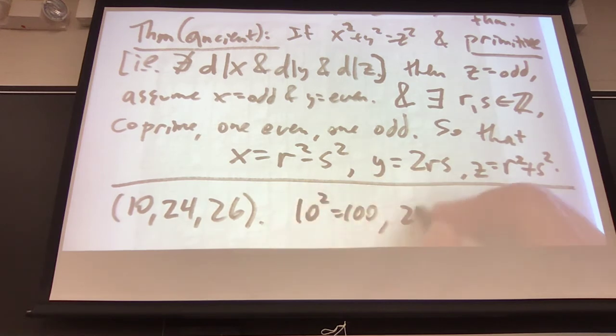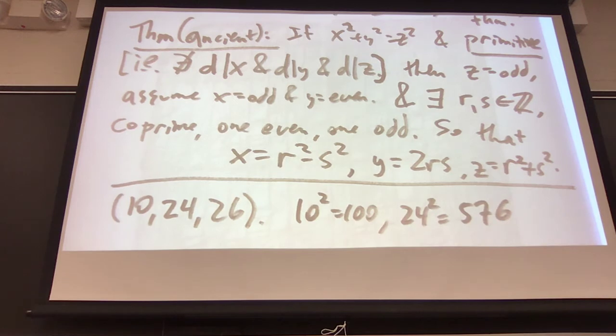That's easy. 24 squared. 20 squared is 400. 4 squared is 16. We got 416, but then we need 4 times 20 is 80, times 2 is 160. 400 and 160 and 16. 576. Did I get that right?